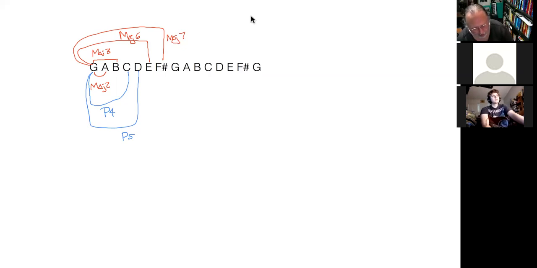And then after that, a unison. A unison would be G and G. Same here, we have an octave. That's called an octave. And the symbol is 8VA.